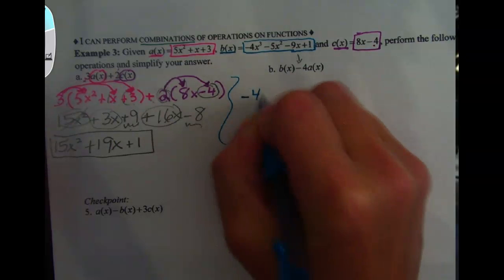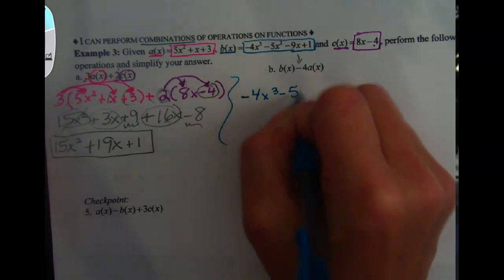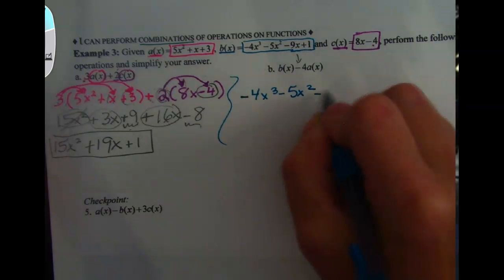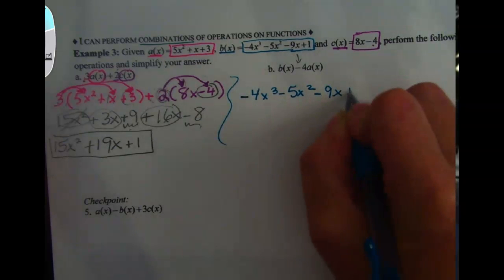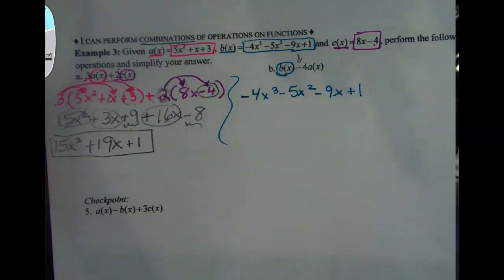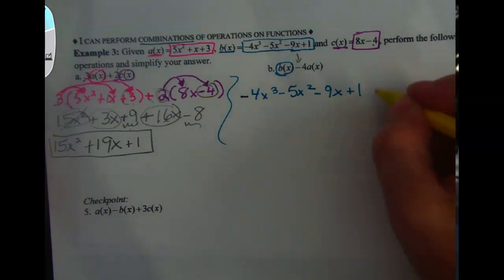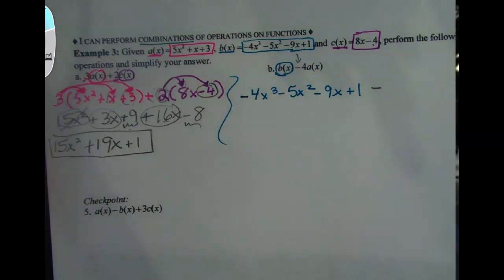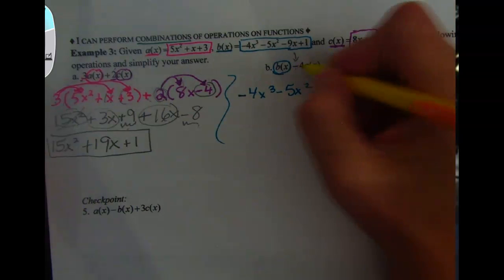Negative 4x to the third minus 5x to the second minus 9x plus 1. That's all my B of x. And then I'm going to do minus. And remember, the minus just goes in between it. And it wants to do the minus 4.